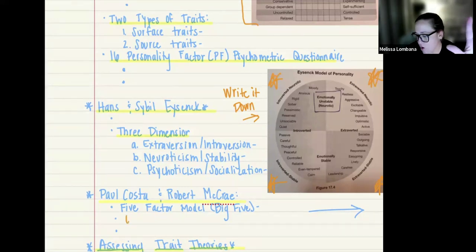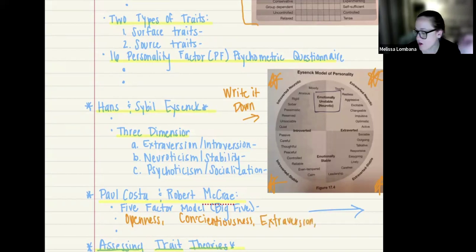They are openness, conscientiousness, extroversion, agreeableness, and then the last one is neuroticism.